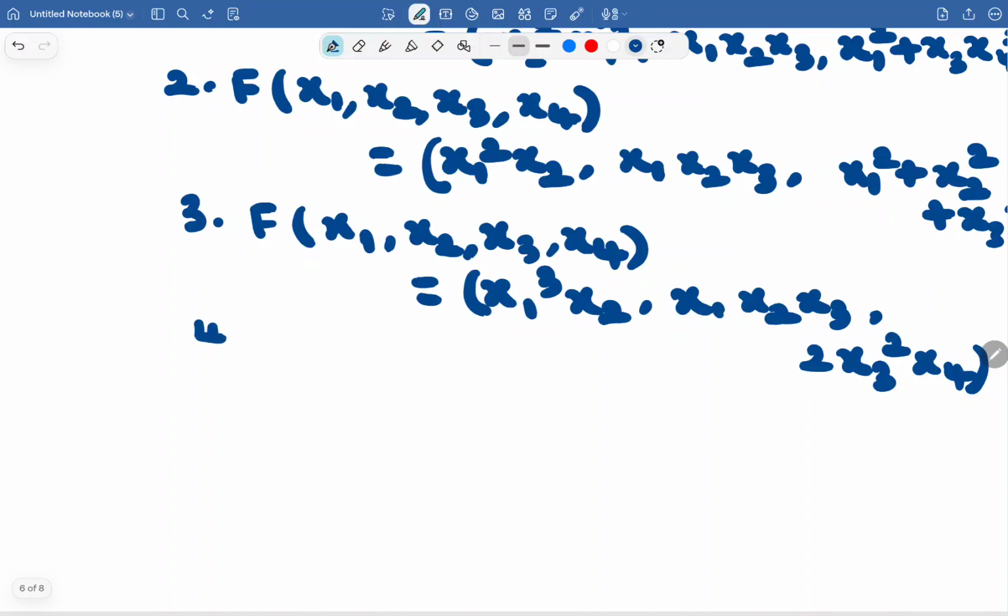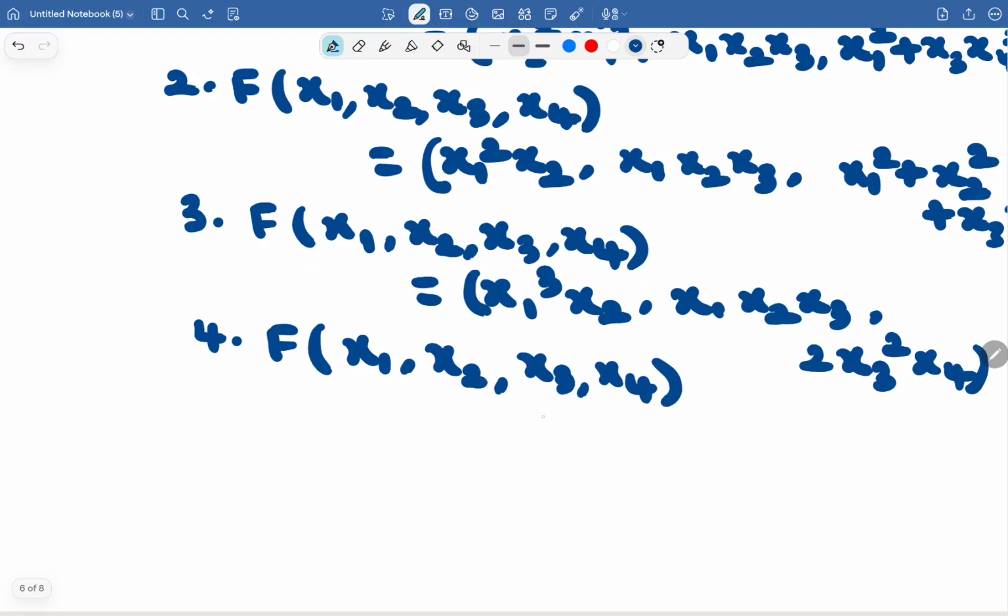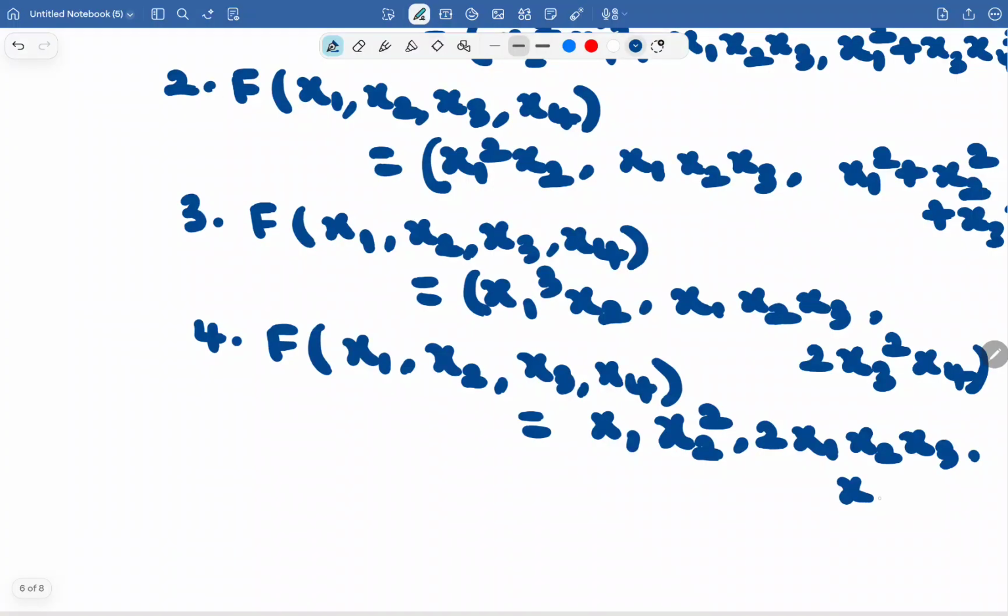Fourth option, f of x1, x2, x3, x4, which is equivalent to x1, comma, x1 x2 square, comma, 2 x1 x2 x3, comma, x3, x4 square.